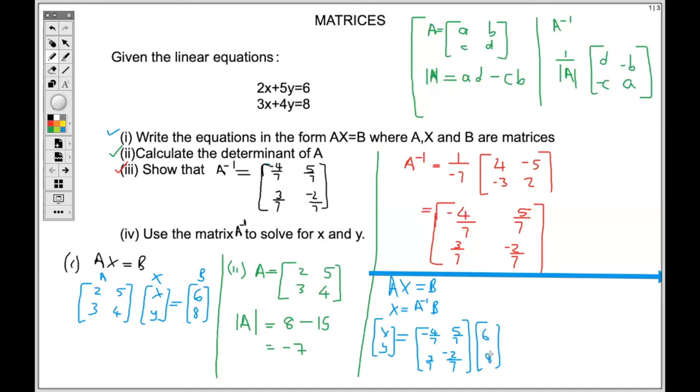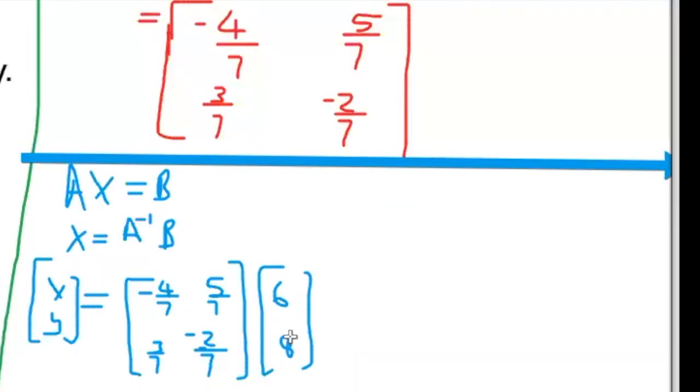Then we're going to multiply row by column. So I'm going to divide the first matrix into 2 rows and then go ahead and multiply it. So I'm going to multiply -4 over 7 times 6. But when you're multiplying a fraction by a whole number, you multiply the numerator by the whole number.